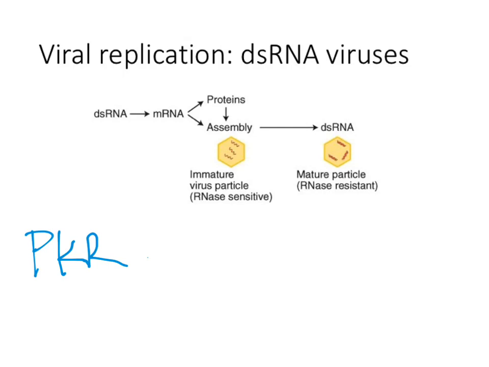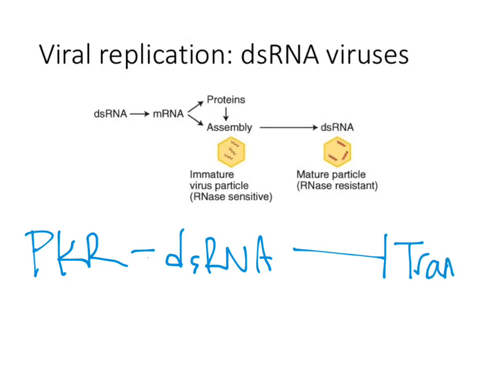This actually becomes pretty important. We're not going to talk right now about the mechanism, but PKR binds to double-stranded RNA, and that's an activation signal for it. So when PKR binds to double-stranded RNA, the response of the cell is to block translation, or protein synthesis.